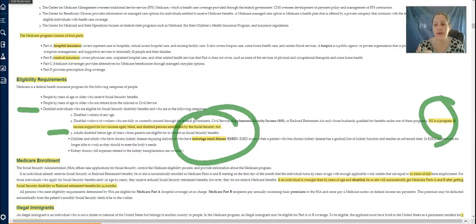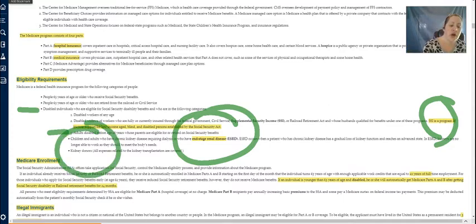So this is not the person who's in the earlier stages and they're just getting dialysis once a week and they're still functioning. End stage is actually considered stage 6 of kidney failure. So you can have people at stage 1 through 5 who are not on Medicare. But once they reach that worst stage, end stage, stage 6, they'll go on Medicare.